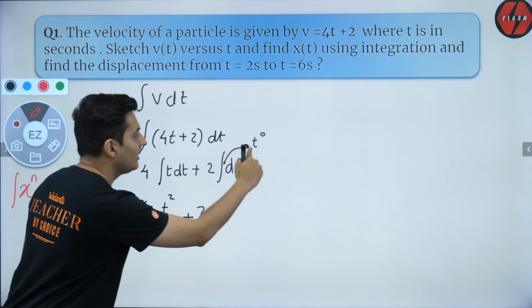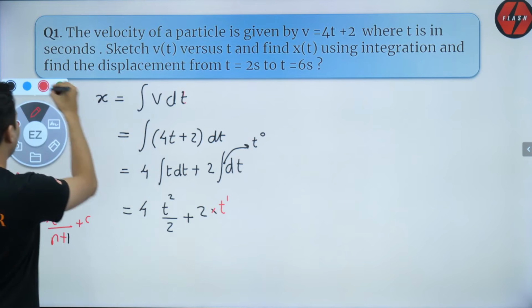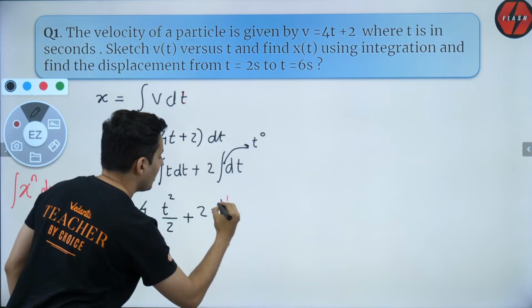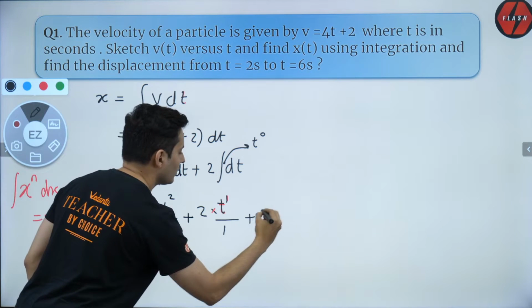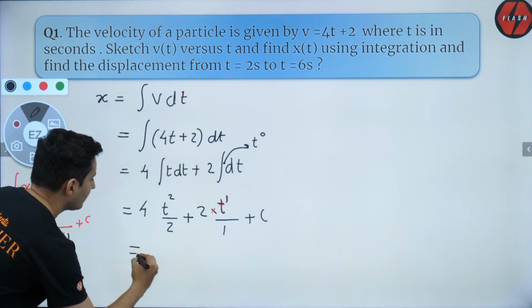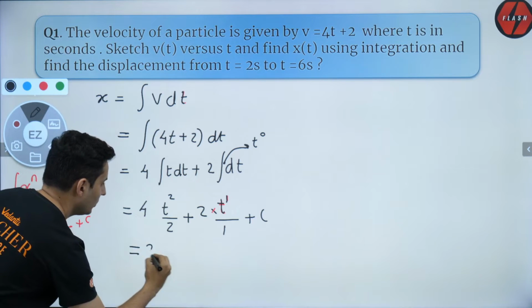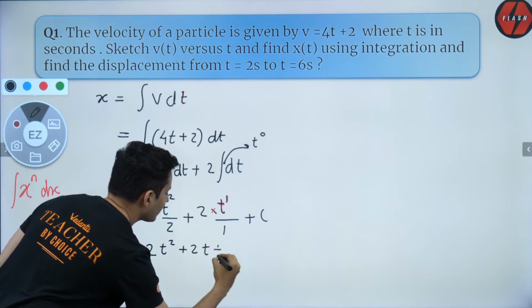It will be t raised to 0 plus 1, which is nothing but t raised to 1, divided by 0 plus 1, which is just 1. And of course, because we are doing it by the indefinite way, there should be a constant out there, and hence this will become 4 by 2 is 2. So it will become 2t square plus 2t plus c.